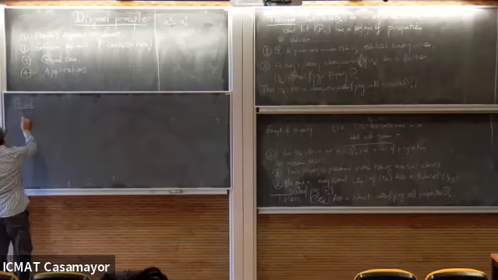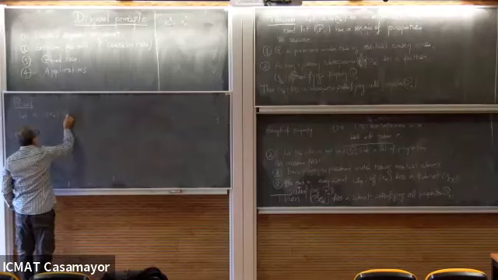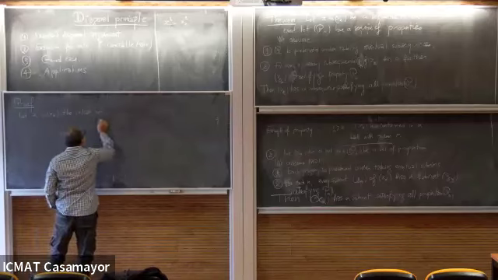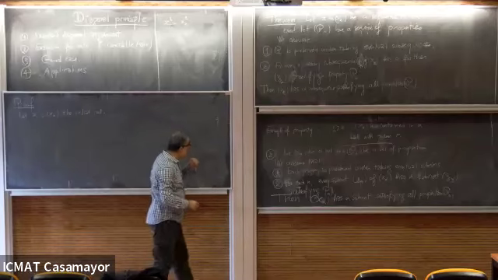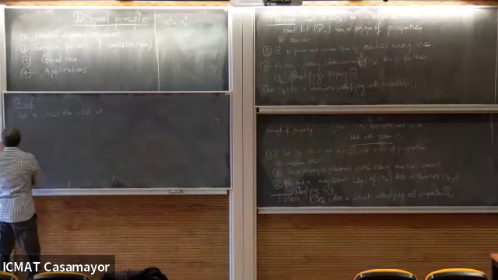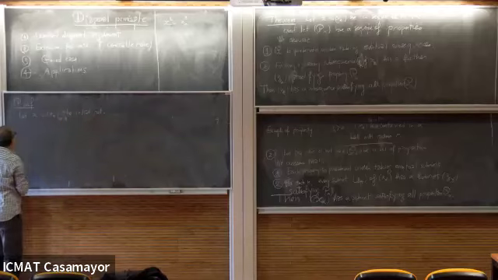So let X be X alpha, our initial net. Then we can extract a subnet, indexed by a set A1.